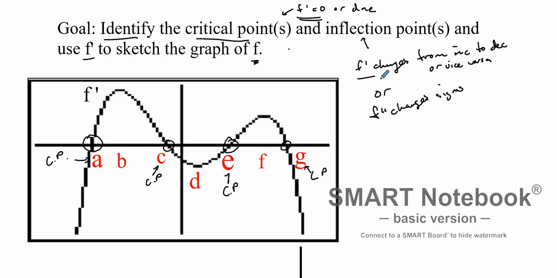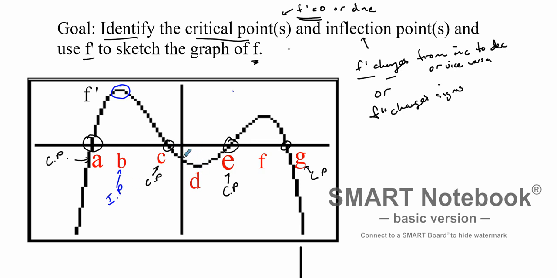Now, where does F prime change signs? That's going to be our points of inflection. Here, this is going up, F prime is increasing to decreasing. So right there at B, okay, B is one of our points of inflection, our inflection point, I'll call it IP.